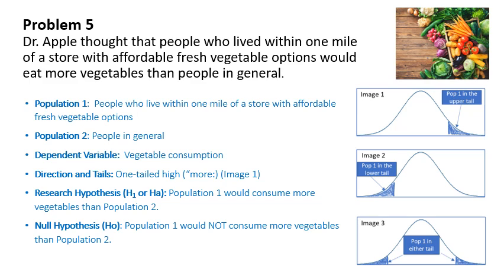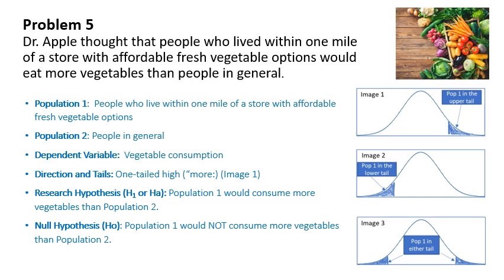And one last problem, problem 5. Dr. Apple thought that people who lived within 1 mile of a store with affordable fresh vegetable options would eat more vegetables than people in general. And so we're comparing population 1, people who live within 1 mile of a store with affordable vegetable options, with population 2, people in general.